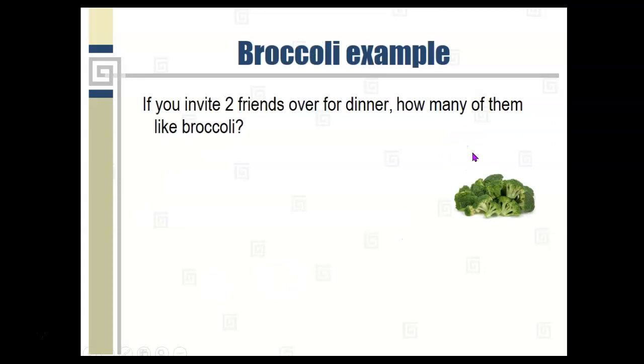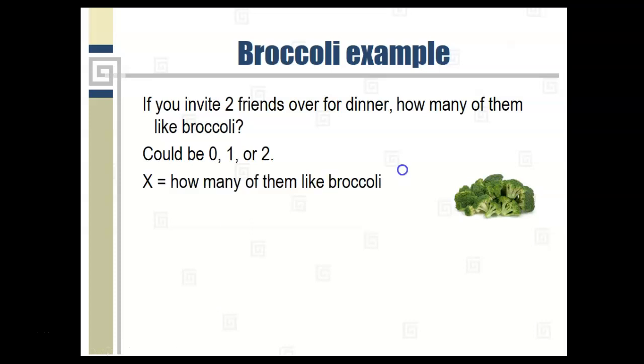Another example, if you invite 2 friends over for dinner, how many of them like broccoli? Could be 0, could be 1, could be 2. So that would be an example of a random variable. How many of the 2 friends you invite over like broccoli?